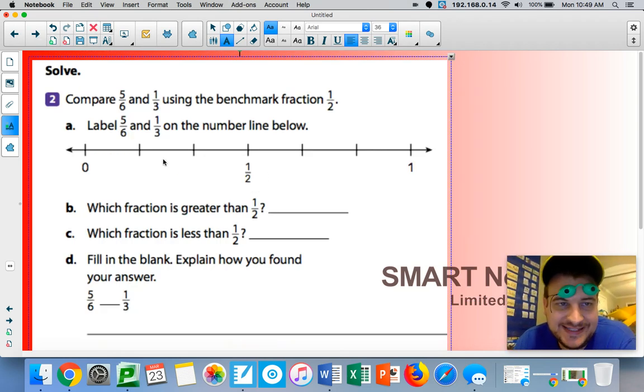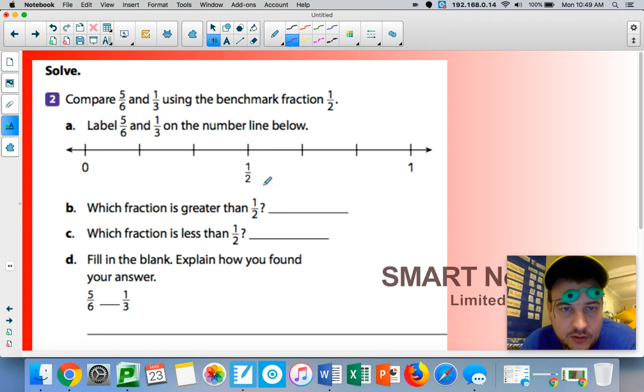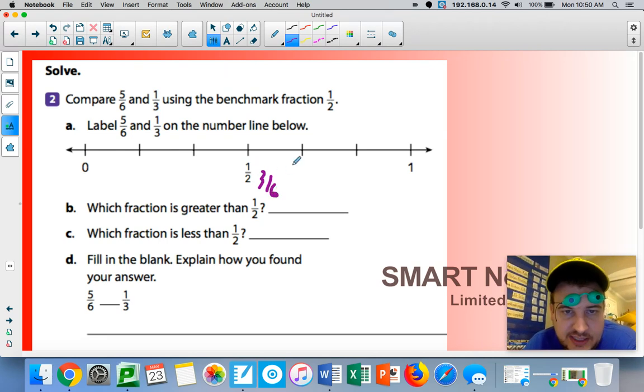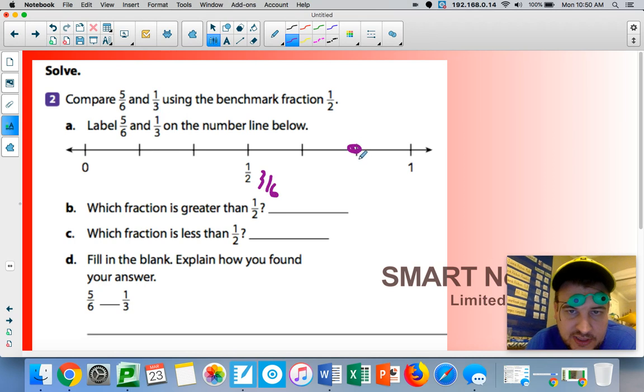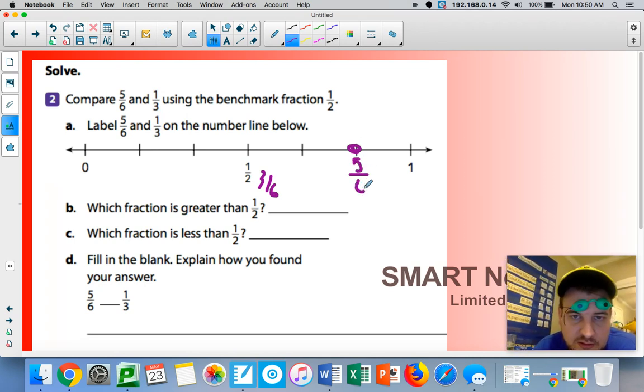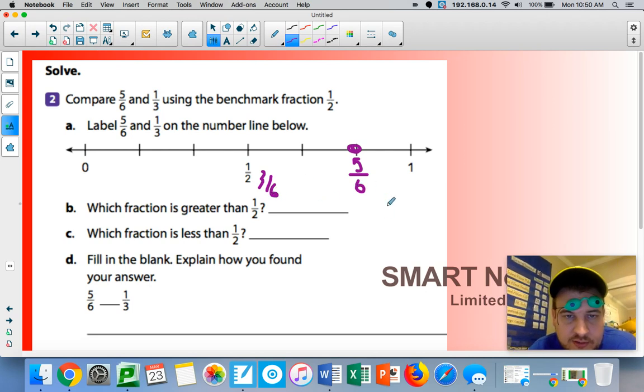Compare 5/6 and 1/3 using the benchmark fraction of 1/2. So half of 6 would be 3/6. So 3/6 and 1/2 are equivalent. So that means this would be 4/6. Here's 5. 5/6 is really close to being a whole. 1/3.